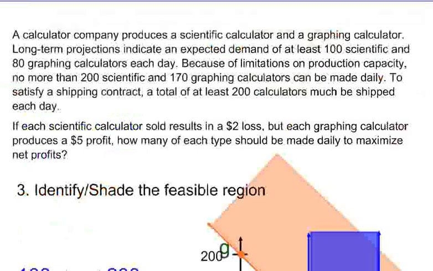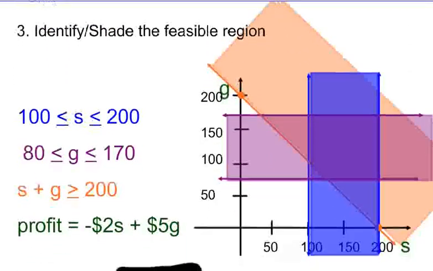And so now let's go to the third step, which is identify and shade the feasible region. As you can see over here, we have the different regions that are feasible for each of the constraints, but the question is which region is feasible for all of the constraints. In other words, which area on this graph has blue, purple, and orange.